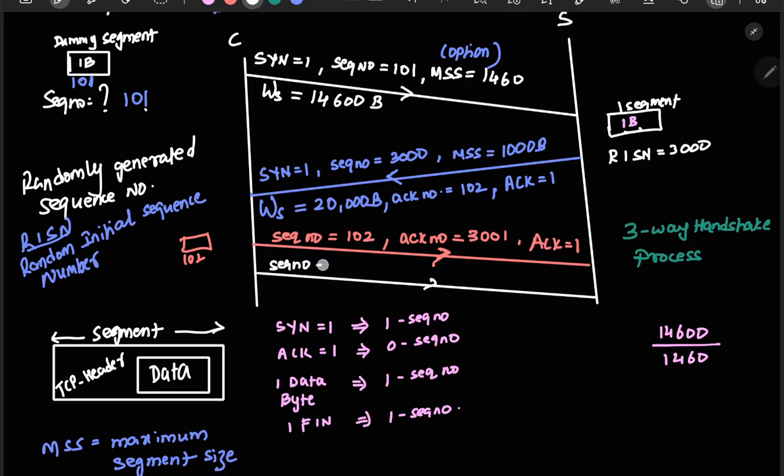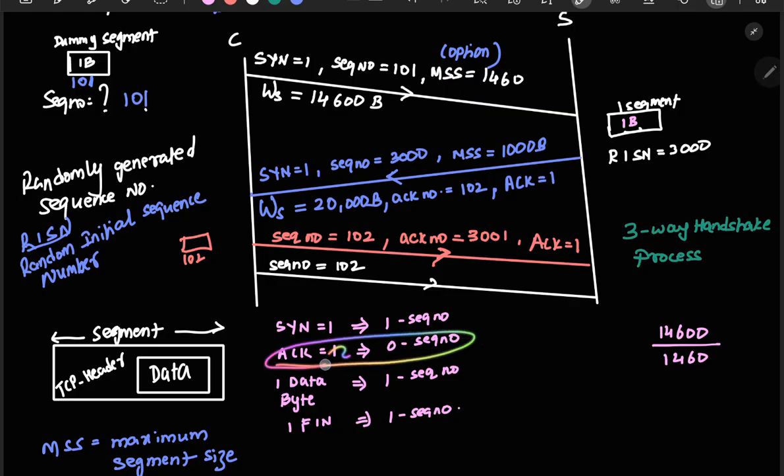You might be thinking that the sequence number should be 103, because 102 we already used, so 103 is the sequence number for the next packet. No, for the next packet also the sequence number will be 102. That is the meaning of this part.